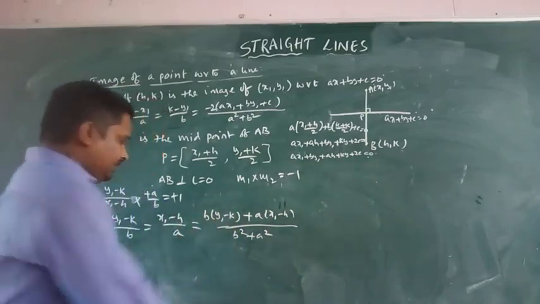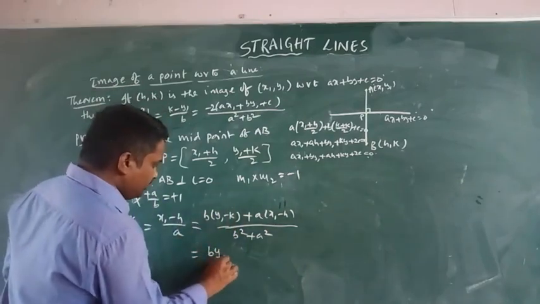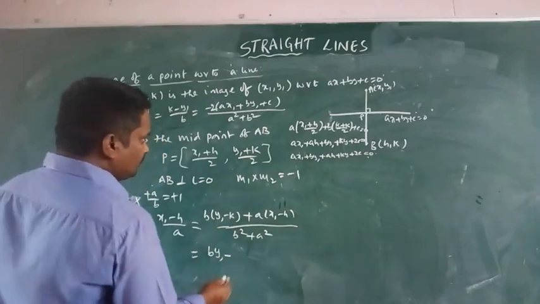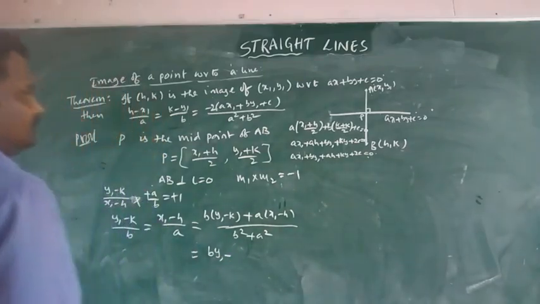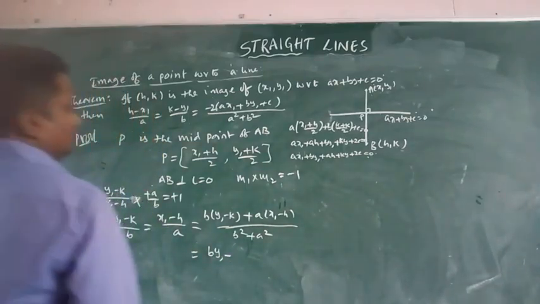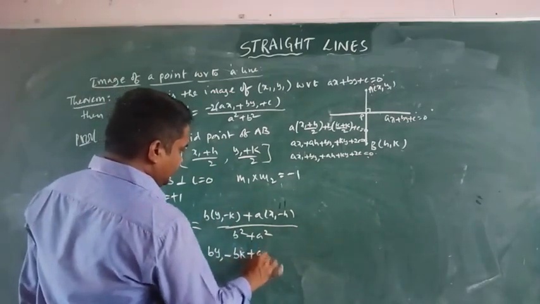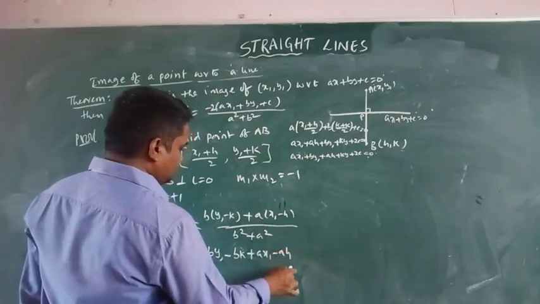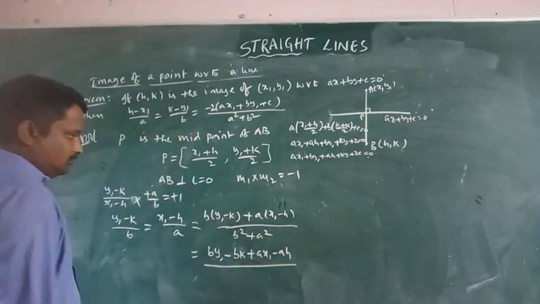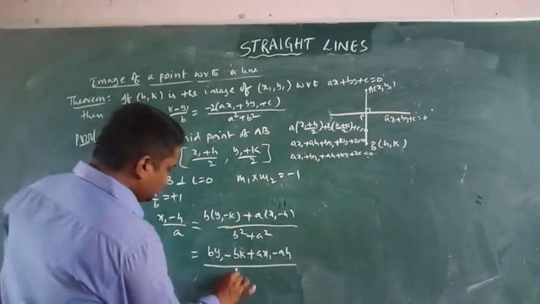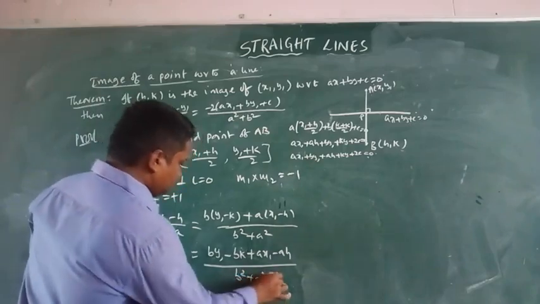Simplify this one: (by1 minus bk plus ax1 minus ah)/(b square plus a square).